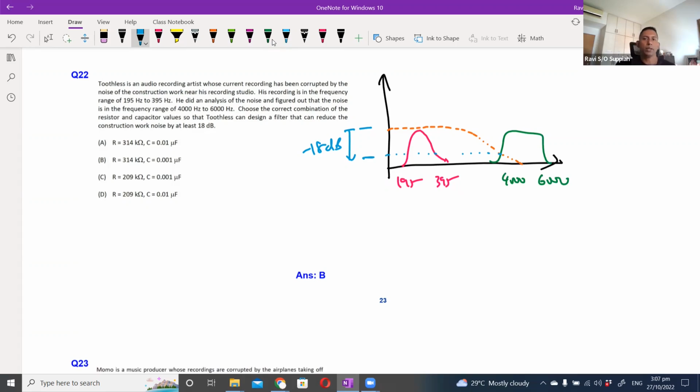That means when I hit 4000 hertz, I must have reduced the signal by at least 18 dB. Once you know these numbers, it's easy to put them in.